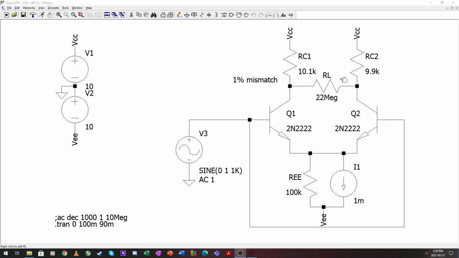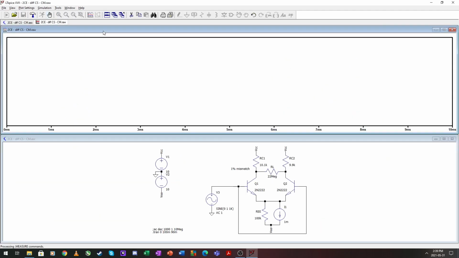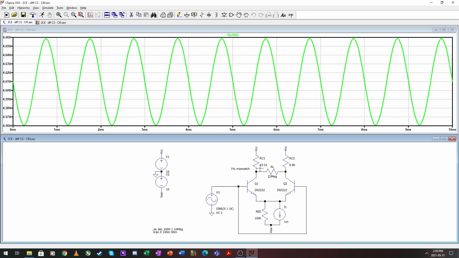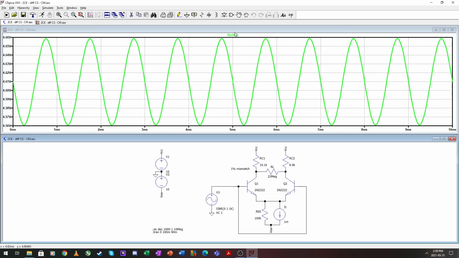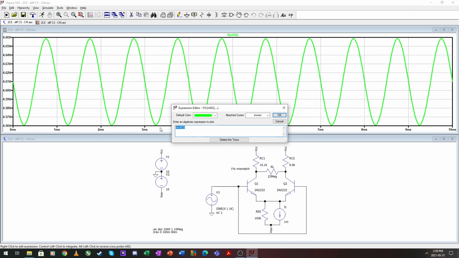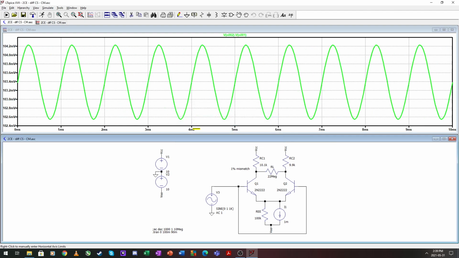Our common mode with a 1% mismatch in the component, 2 volts peak to peak input. If we run this, here we have our two outputs, and there is a slight offset between them. So if we take the differential or our actual output here, we have the difference between these two nodes.